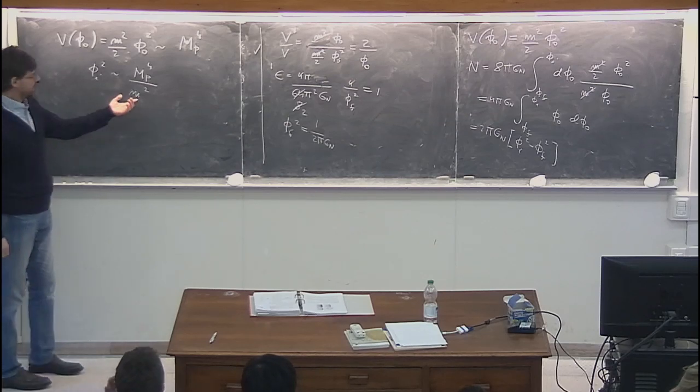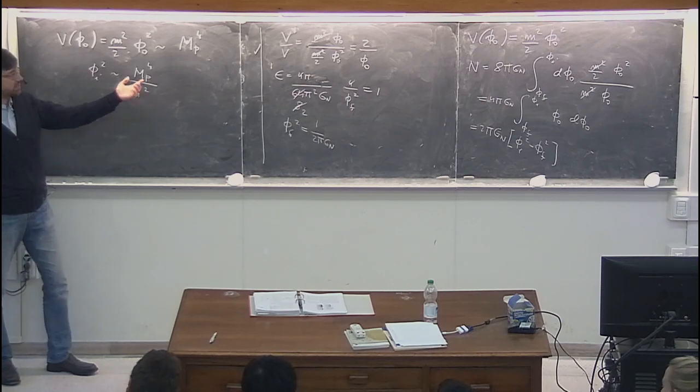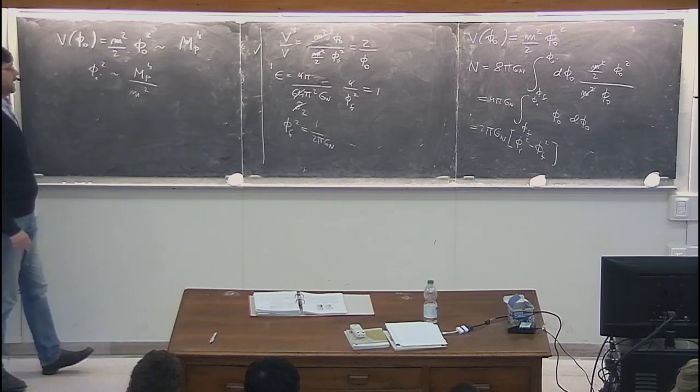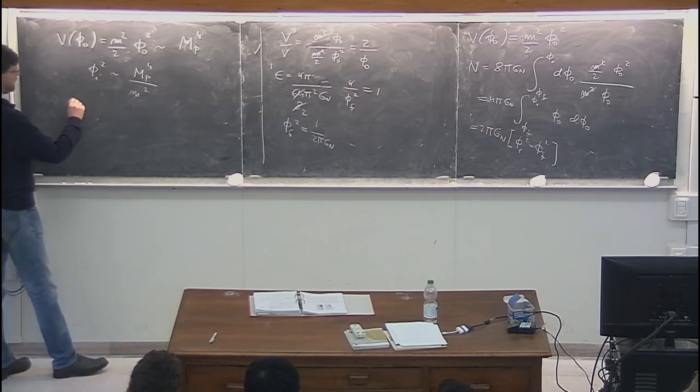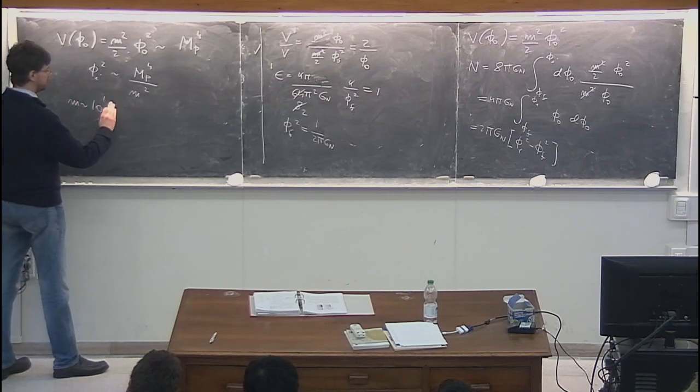Now, in the rest of the lectures, not tomorrow I guess, but the day after tomorrow, we will discover that this parameter m is fixed by imposing that the perturbations that you get out of this model match the observations. You have to just believe me for the time being, but we will come back to this point: this number is of order of 10 to the 13 GeV, 10 to the 12 GeV, let's say.